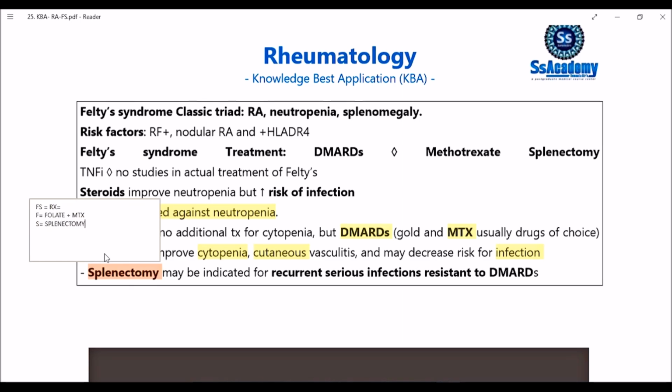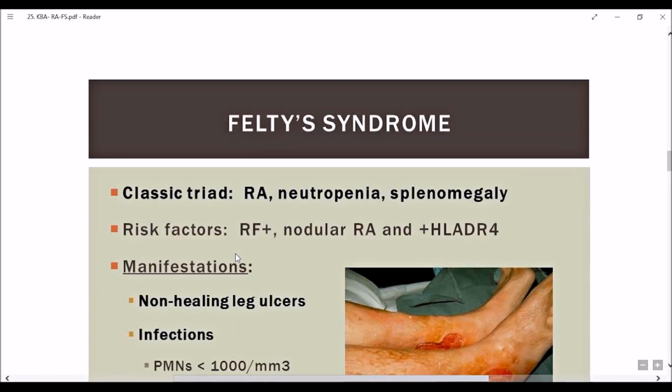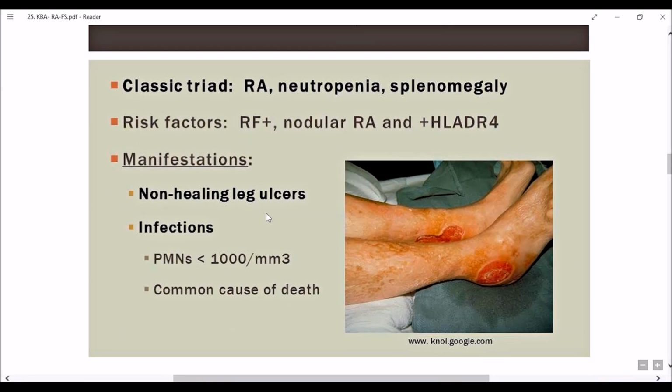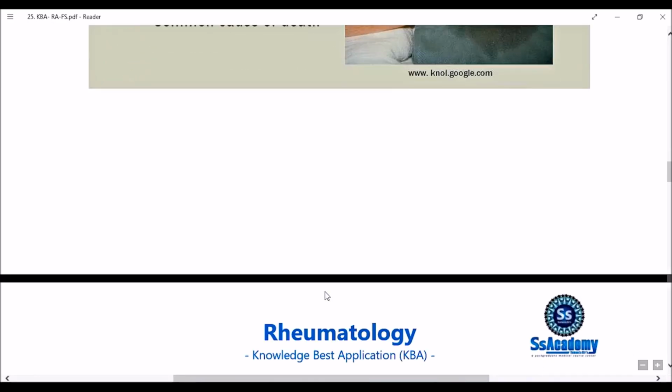So this is very helpful, my dear children, regarding the treatment. Felty syndrome is a classic triad of manifestations: the non-healing leg ulcers, and the infections, a common cause of death.